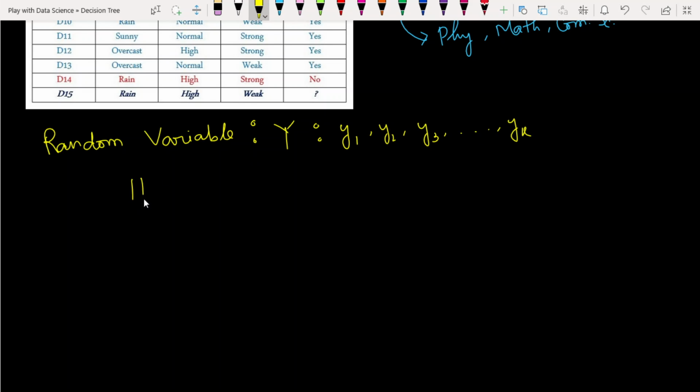The definition of the entropy of this random variable will be: minus the summation from i equals 1 to k, since it has taken k values, of the probability of yi times log base b of the probability of yi.